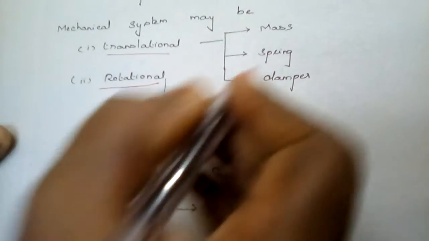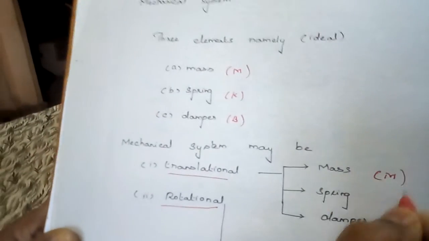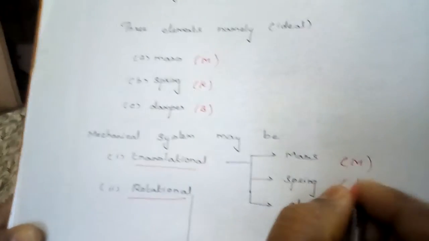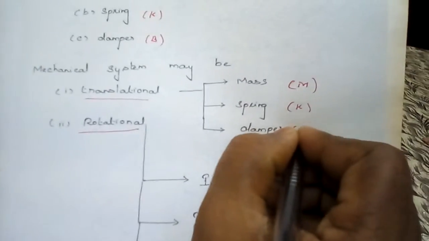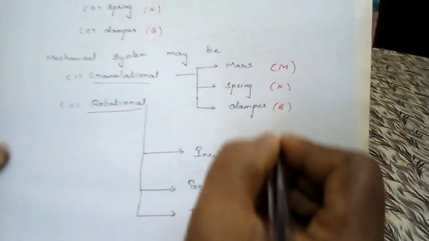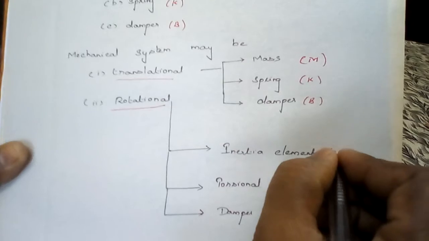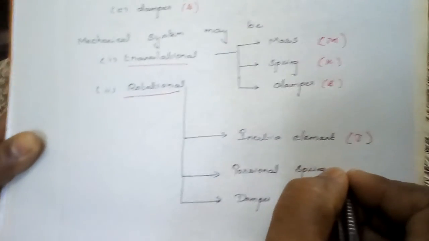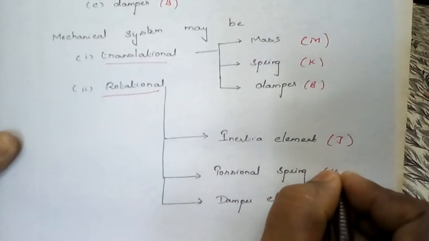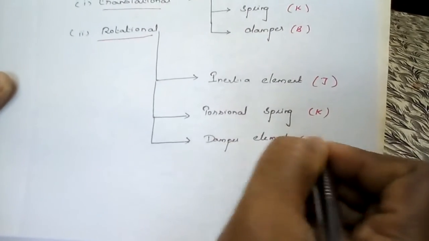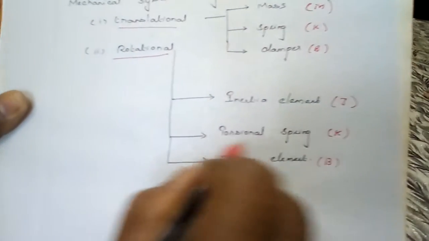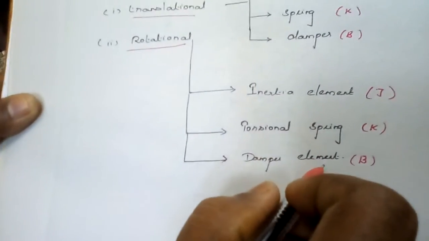In the translation system, the element notations are mass, the spring as K, and the damper as B. In the rotational system, the inertia element is J, the spring element is K, and the damper is B. Only the name differs, as torsional spring and damper element.